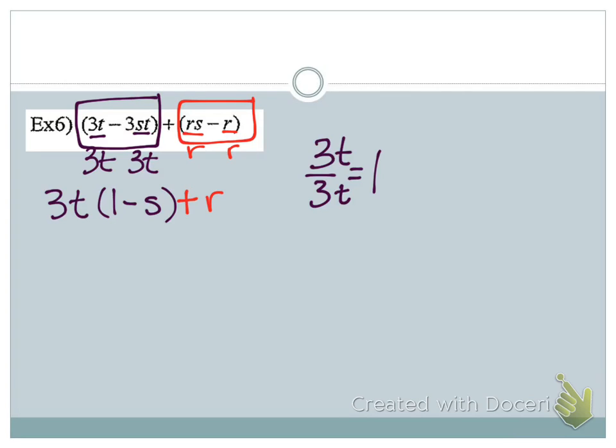It also needs to get written in front of a set of parentheses. And then I have to know what's going in those parentheses. Nevaeh, what are we left with just back here when we factor out an R? Wouldn't that be S minus 1? S minus 1. Very good.